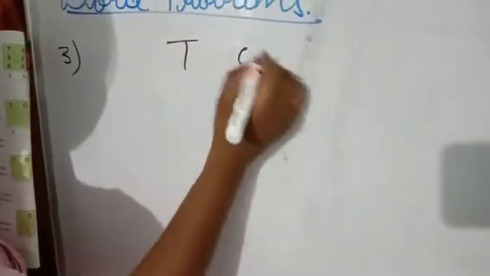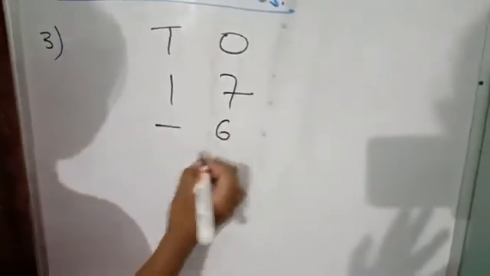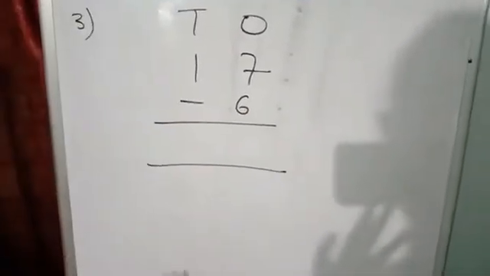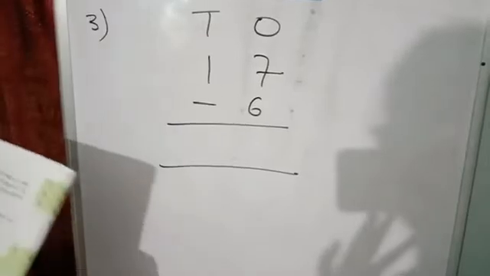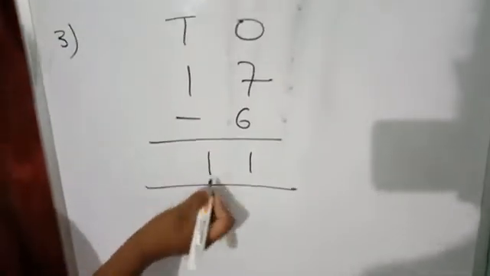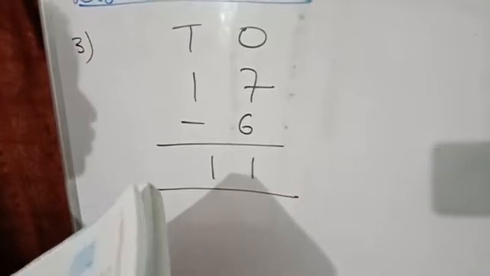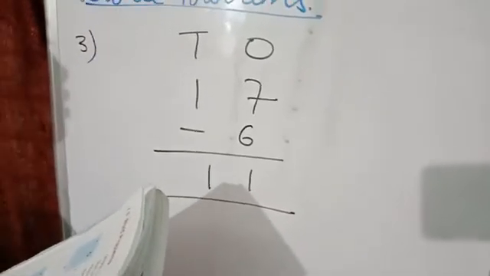That means Raju has 17 toffees and he distributed 6 toffees to his friends. Now how many toffees does he have now? So subtract it. 7 minus 6, 1 and 1. That means he has 11 toffees with him.